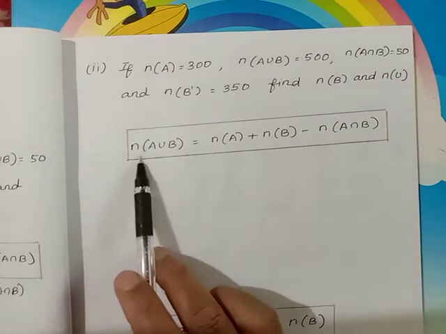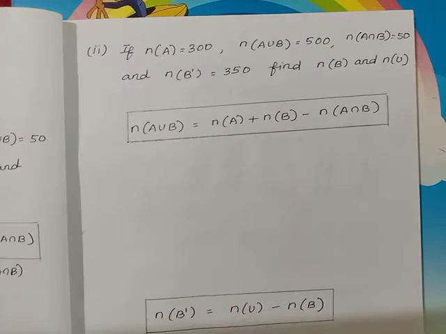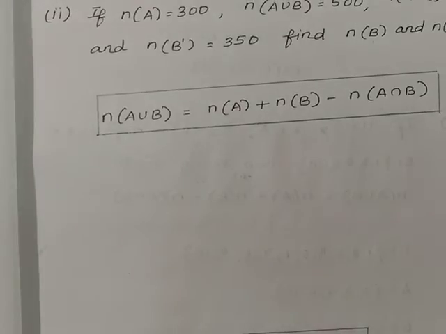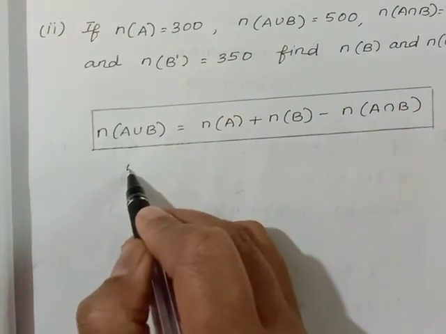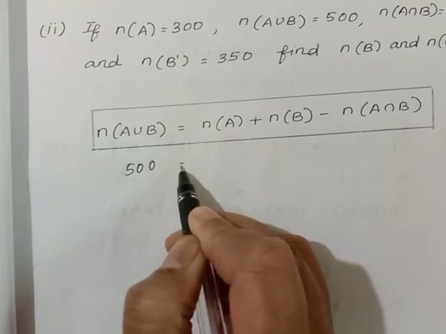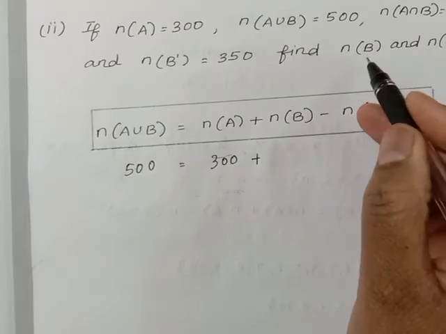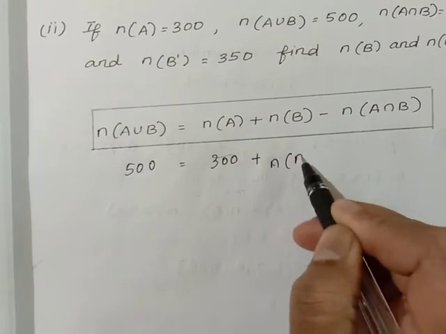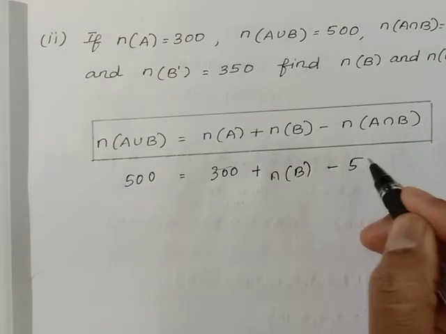Now we know that n of A union B equals n of A plus n of B minus n of A intersection B. Now let us write A union B value is 500 equal to n of A value is 300 plus n of B, we don't know the value, minus A intersection B value is 50.